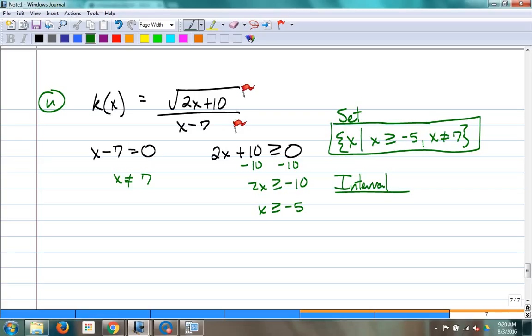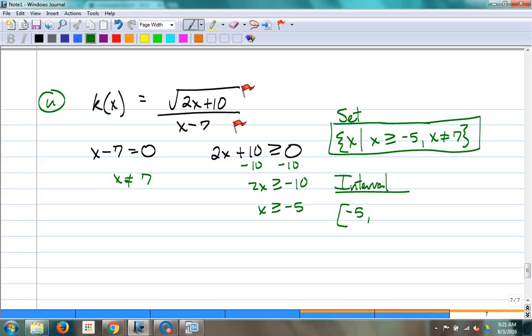So what's our first number we'll start with? Negative 5. So my interval notation will be bracket, negative 5. And then I'm walking along, everything's going great until I get to what number? 7. It's the one that x can't be. So I got to jump over 7.